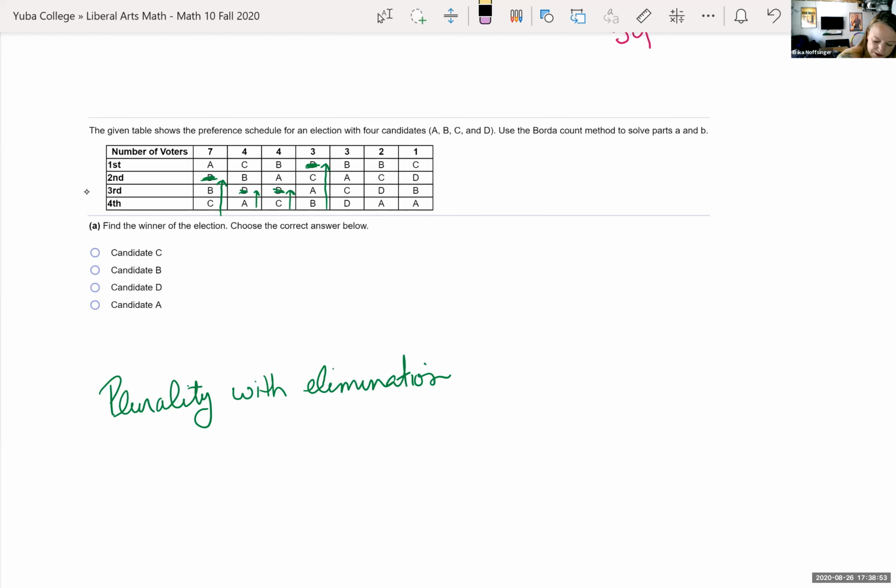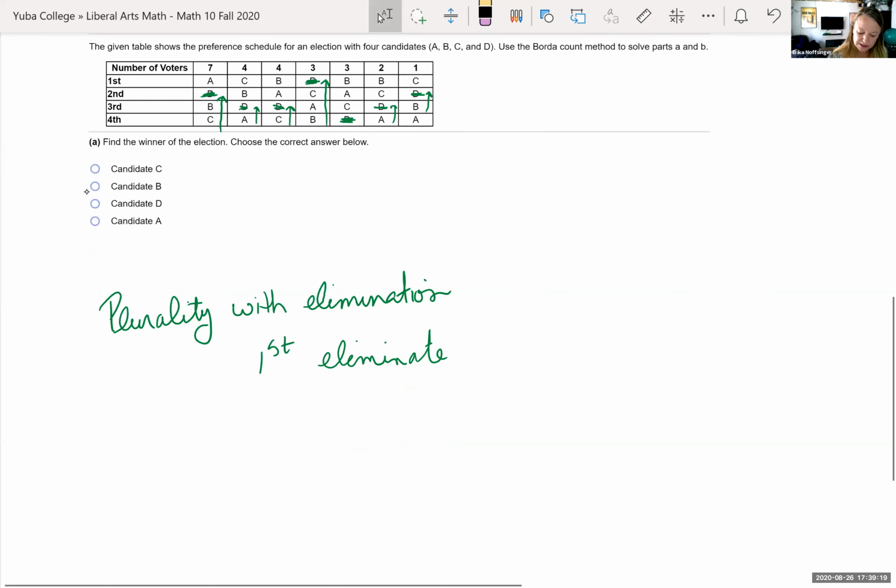C would shift up. Nothing shifts here. A would shift up to third place, and B to second. So we would first eliminate D because they had the least number of votes, and then recalculate to see if the winner had a majority. So eliminate D. Did someone win by majority then?